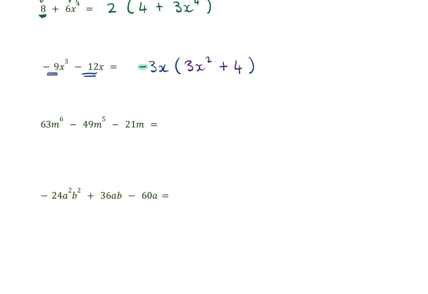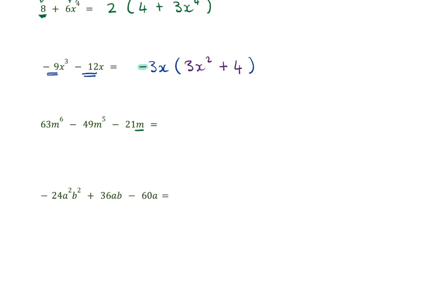The next question says that I want to factor 63m to the power 6 minus 49m to the power 5 minus 21m. Well, I have a single m that I can take out from all of them. That m is over here in the last term. I have the 21, 49, and 63. I have to work out which number I can take out of each one of them.